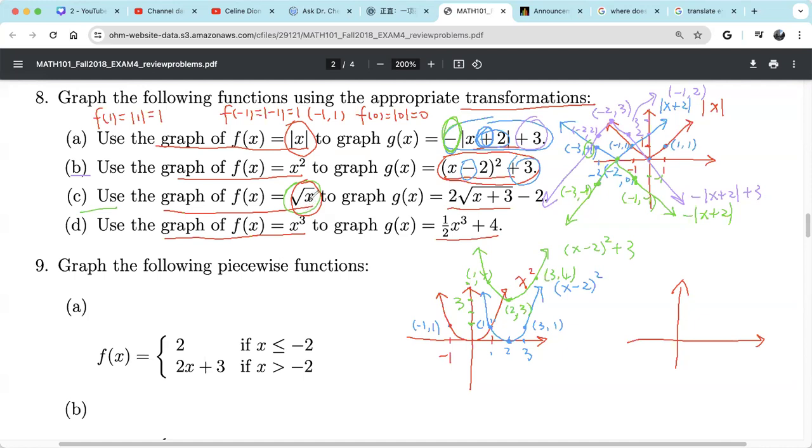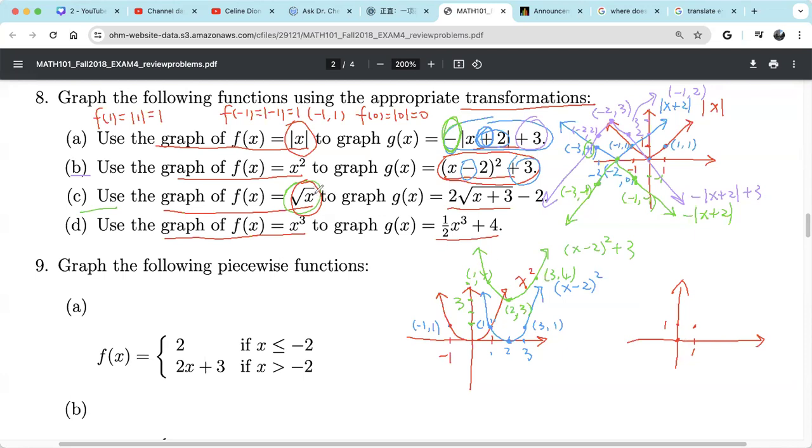Just pick some easy x values. If x is 0, you get the function value to be 0. So you have this point. And 0 is the smallest number it can be, because we're in the real number world now. We don't consider complex numbers yet. And if x equals 1, square root of 1 is 1. So you get the 1, 1 point.